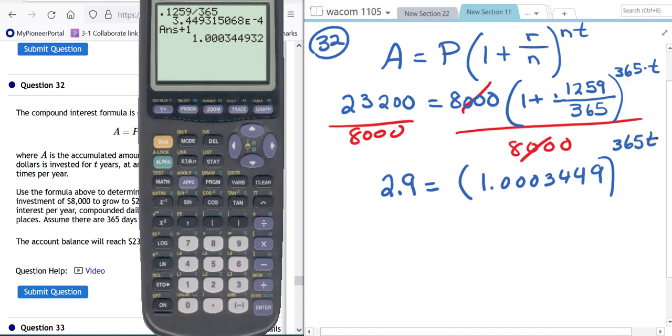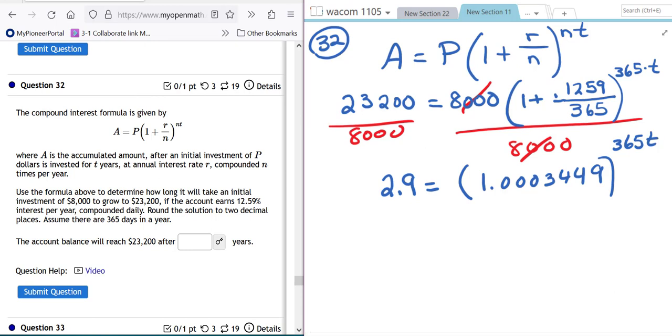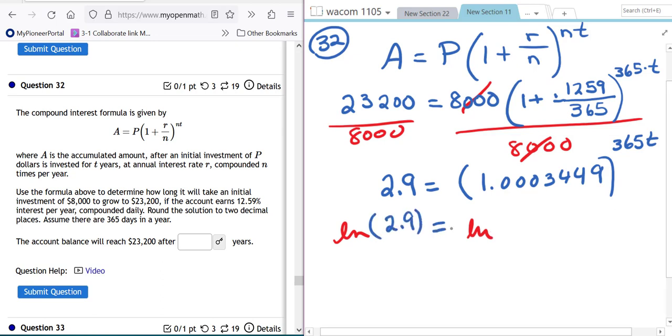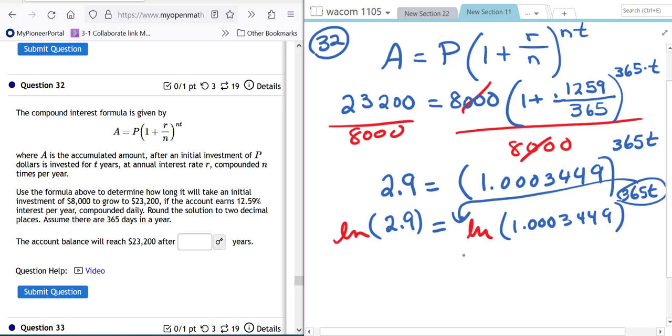All right, now you're ready to take the logarithm of both sides. So I'm going to do natural log of both sides. And that will make your exponent come down.